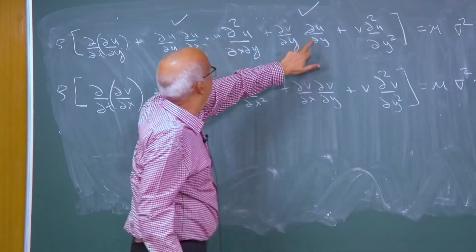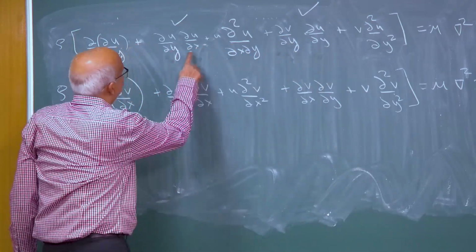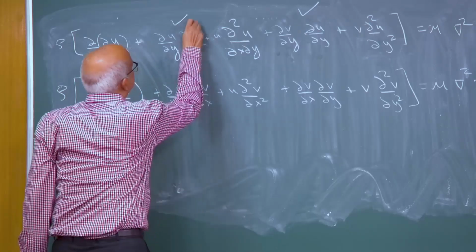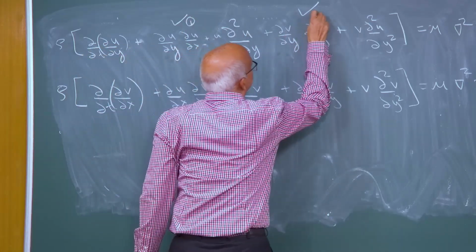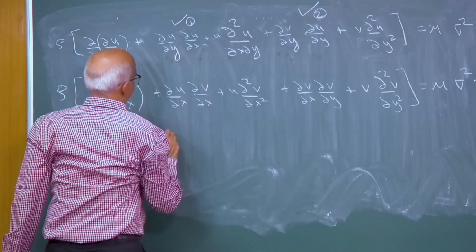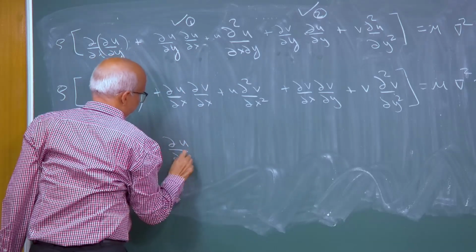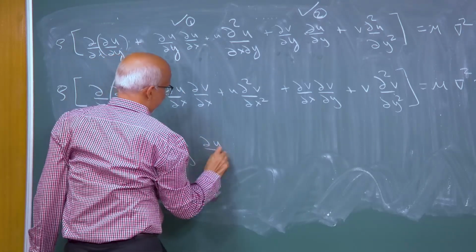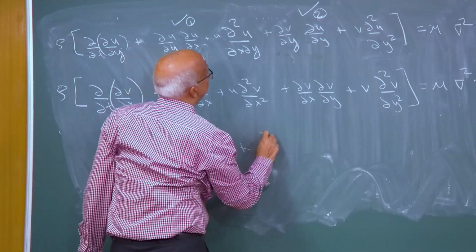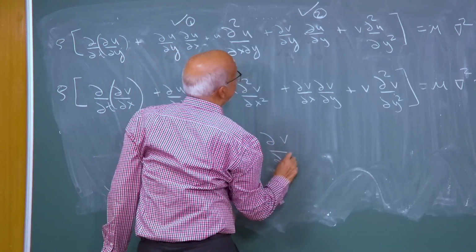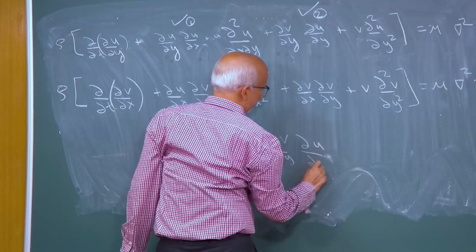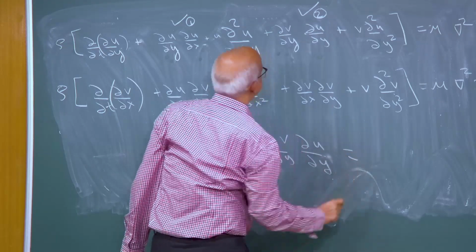So let us take term 1 and term 2: du by dy times du by dx plus dv by dy. What is this equal to?